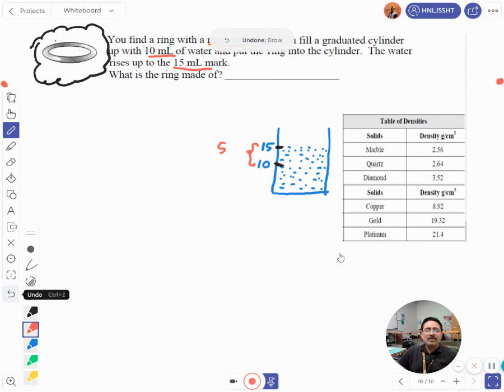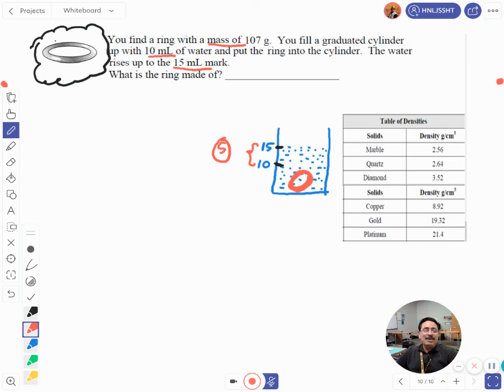It's quite a common experience when you're cooking at home, when you put some lentils or something in water, the water level rises, right?